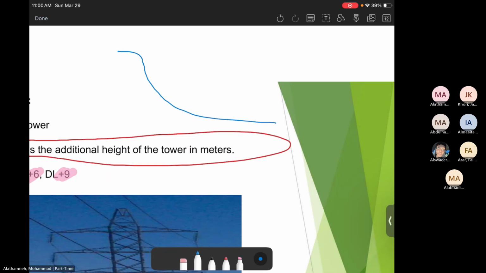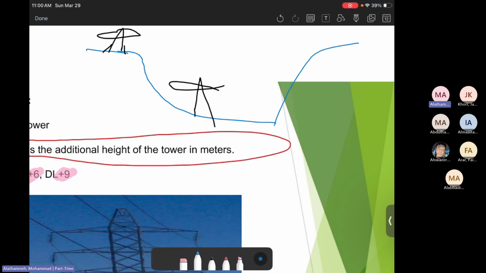Imagine we have a high voltage line like this, so there is a tower here and there is a tower here at the valley, and we need to go up here as well. This one must have extra length. Why? Because we don't want the wire to touch the ground. In the standard, the wire can't touch the ground or be very close to the ground.